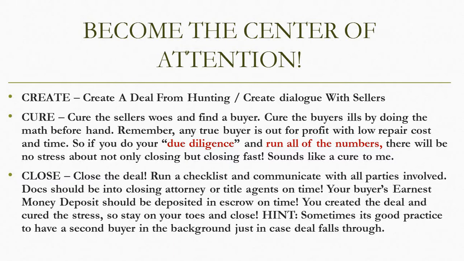It could be the hard money lender or private lender didn't want to lend the money to that buyer at that particular time because the buyer didn't have some documentation in or didn't get the house inspected. So if it does fall through, guess what? Have a second buyer in the back. Tell him, if this deal doesn't go through, it's your house. Make it happen.